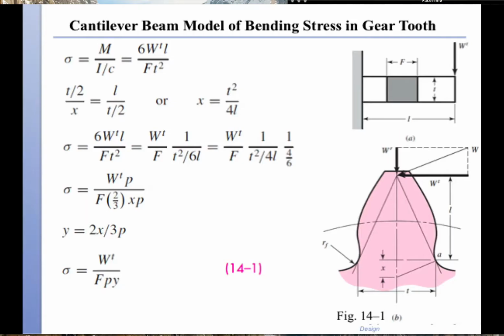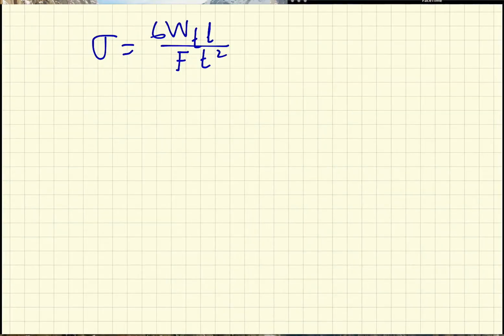If we have this relationship, then we can use it to write that t squared over 4L is equal to x.